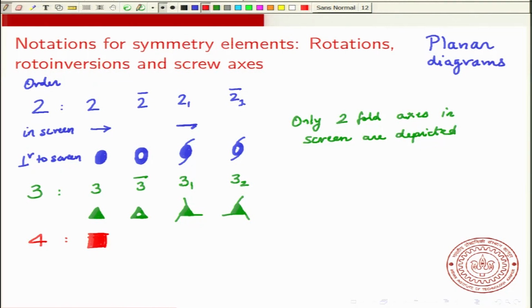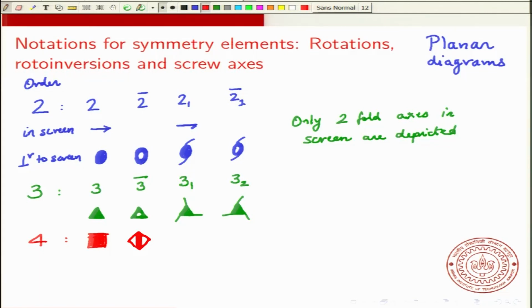A 4 bar will be shown by a triangle with a circular hole. In this case, the 4 bar is shown in this direction, like a diamond. Again, all these axes are perpendicular to the screen.